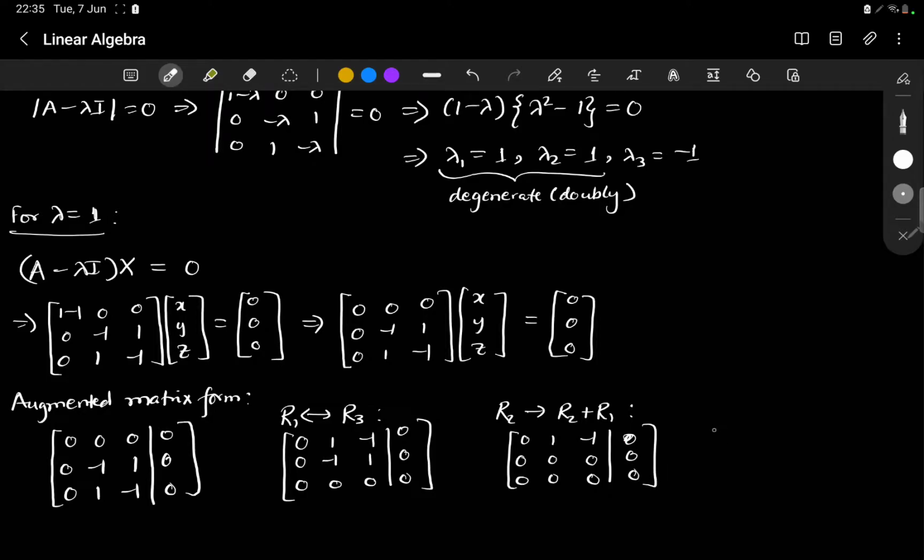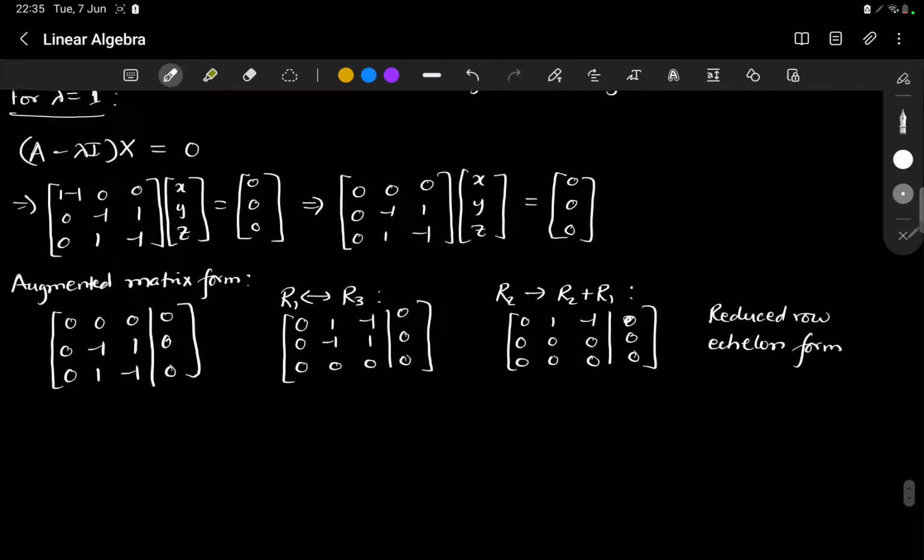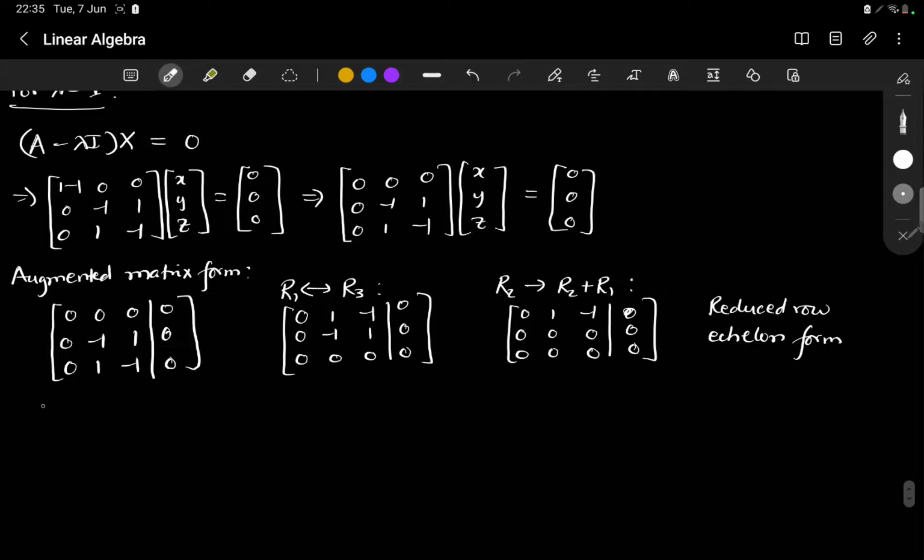So this is the reduced row echelon form. Now this corresponds to the following system of equations. And x can take any value.